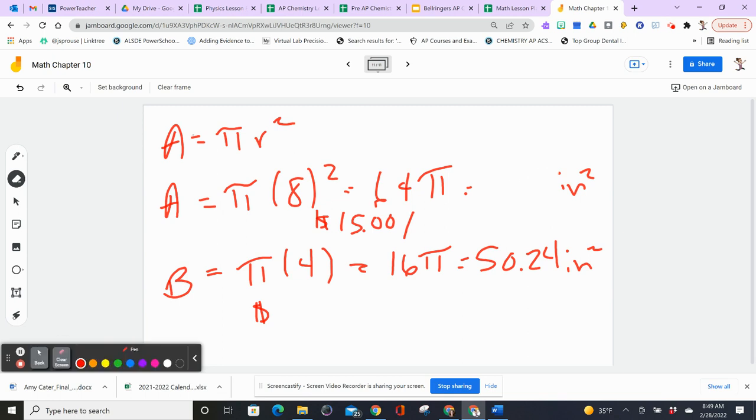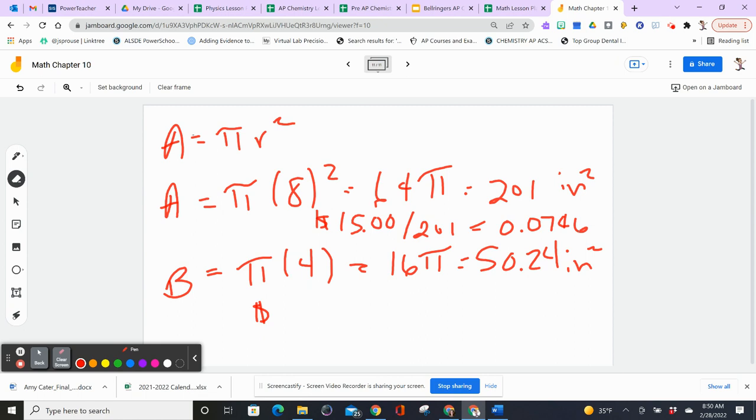That should be 201. So 15 divided by 201 is 0.0746. So we're looking at about 7 cents per square inch.